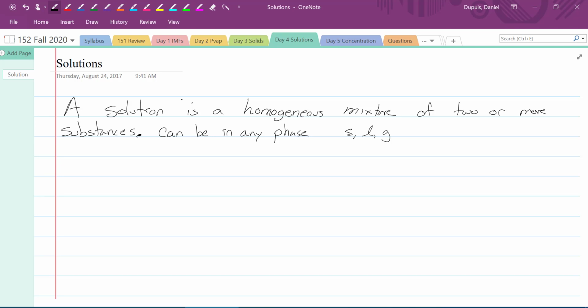Now it's composed of two things. You have the solute and the solvent. So the solute is the minor component.